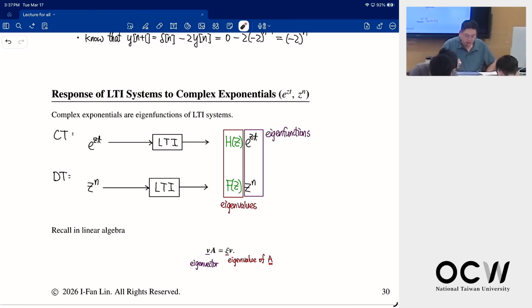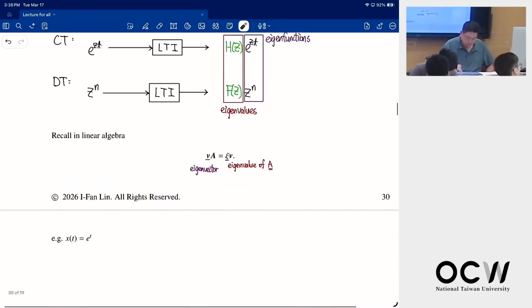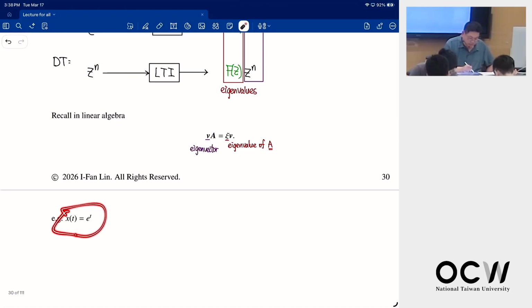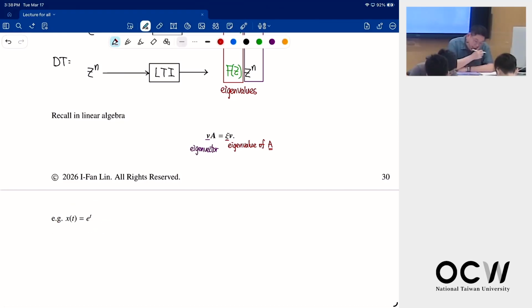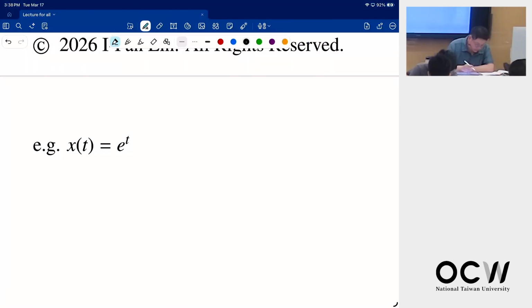For example, if my input is e to the t, then the output y is equal to your system convolved with your input.